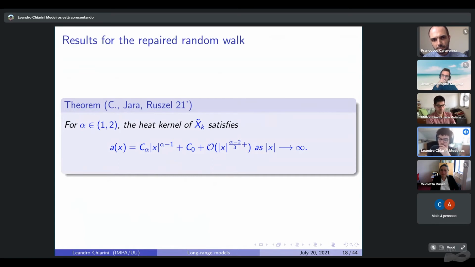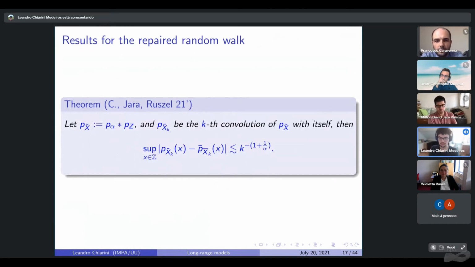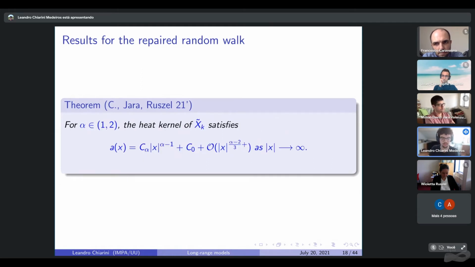Maybe the error is smaller, and this is one thing that we're trying to see. It's clear for us that this is the best local CLT that you can get. You can actually produce examples just by convolving a P alpha with a P beta, and you can get anything getting close to this. But it's not clear to us how to improve the characteristic, the heat kernel. So we're trying to see what are good assumptions to put here.